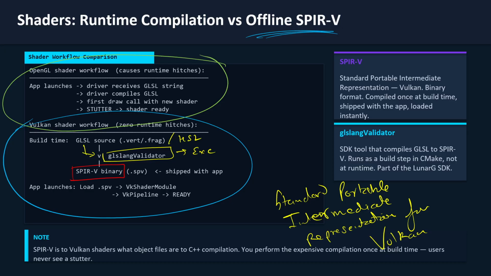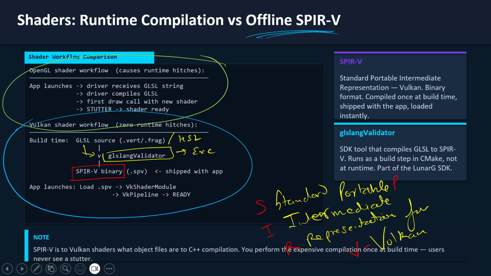The V comes from here, the R from here, the I from here, the S from here, and the P from here. So it's an intermediate representation.